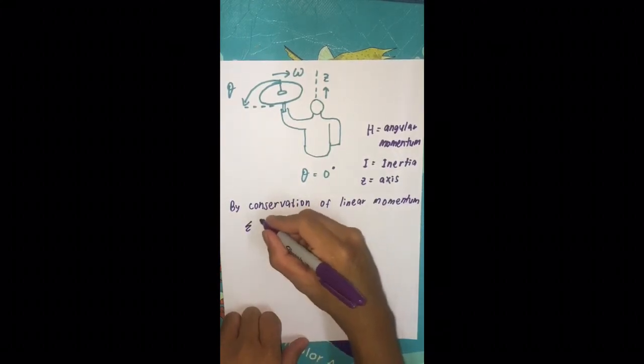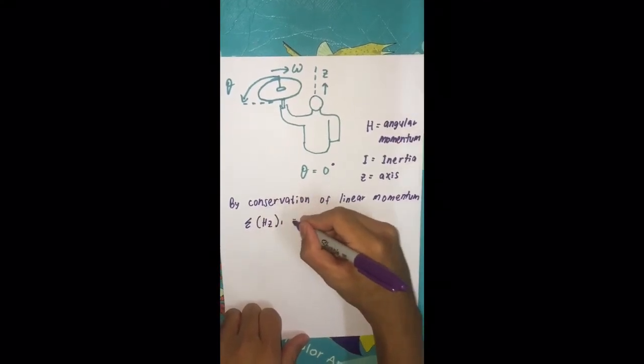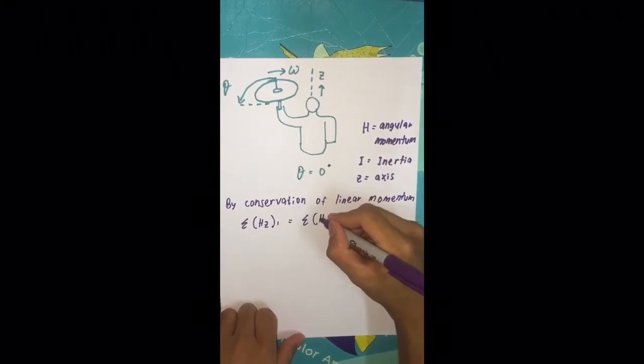So we need the summation of HZ1 equals the summation of HZ2.